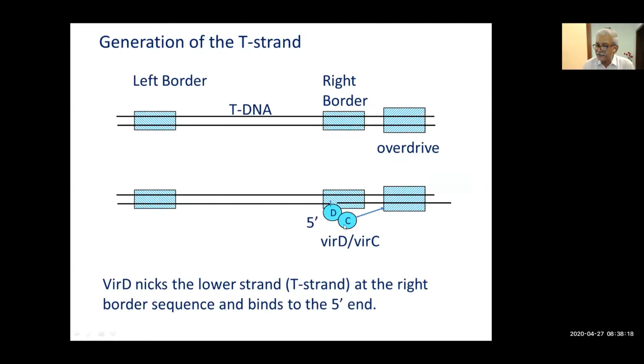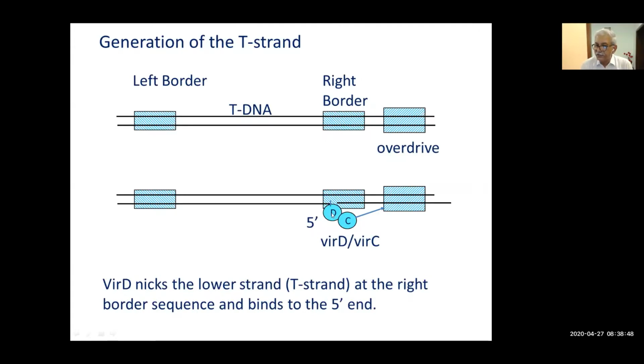The VirC interacts with VirD2 in the maintenance of efficiency for the formation of tDNA. Even if you remove this, still the tDNA will be made by VirD2, it does not matter. But VirC efficiently performs this function with the help of VirD2. That's only a protein-protein interaction.